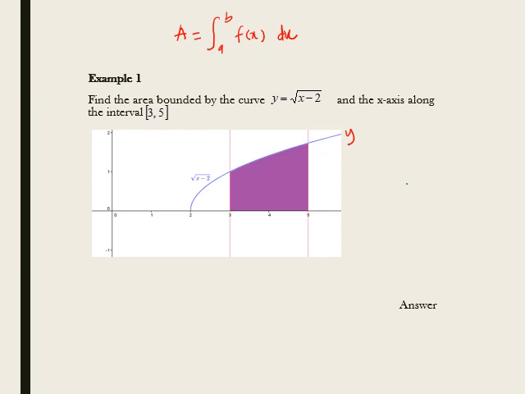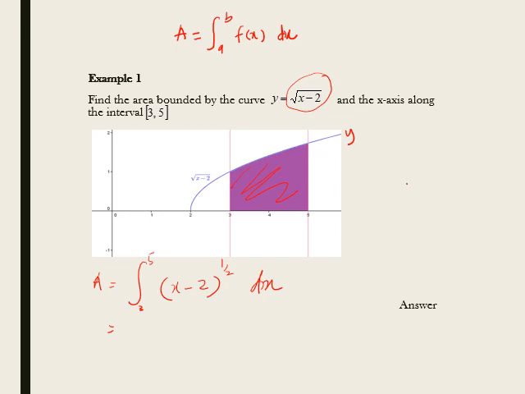Okay, so your f(x) now is equal to y and your interval is 3, 5. So area is equal to from 3 to 5, we only want to know this area only, 3 to 5. The function is given, (x minus 2) power 1 over 2 dx. So if you integrate this function, you will get the value or the area of this region.